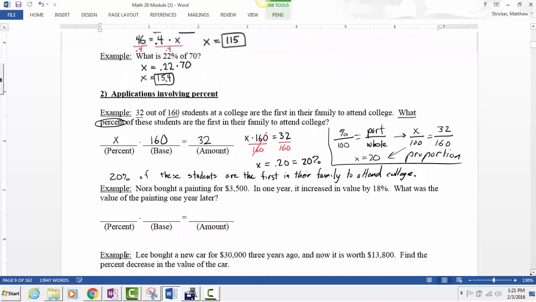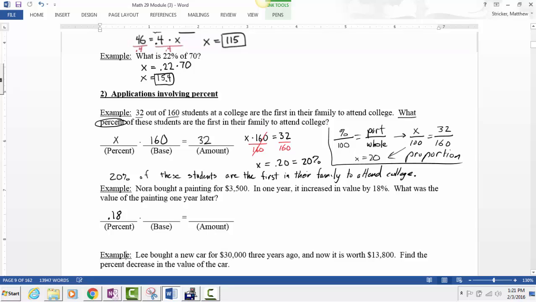It says Nora bought a painting for $3,500. In 1 year it increased by 18%. What was the value of the painting 1 year later? Okay, so it's an 18% increase. So we know the percent. Remember, you have to write that as a decimal, so 0.18.